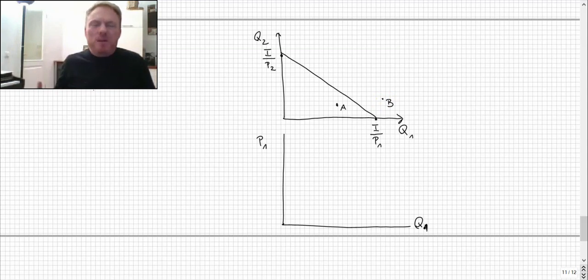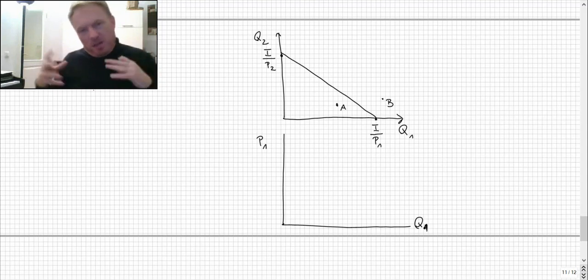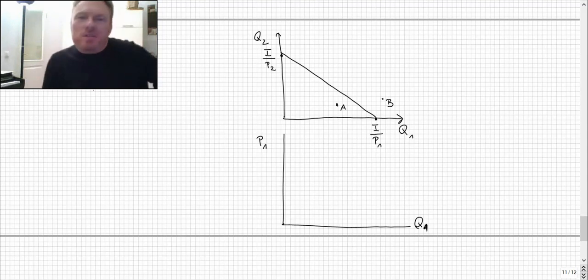We cannot afford this amount of the first good, Q1, and this amount of the second good, Q2, because the amount of money that we actually own is not high enough. That's it. It's a reminder of the meaning of the budget constraint.